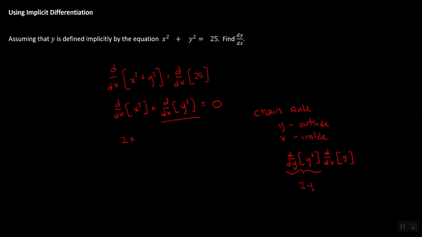That becomes 2y, but then that's multiplied by dy/dx. So when we take the derivative of this y squared term, it becomes 2y times dy/dx. And I'll copy down that it's equal to 0. That's step 1 of implicit differentiation, taking the derivative of both sides of your equation.